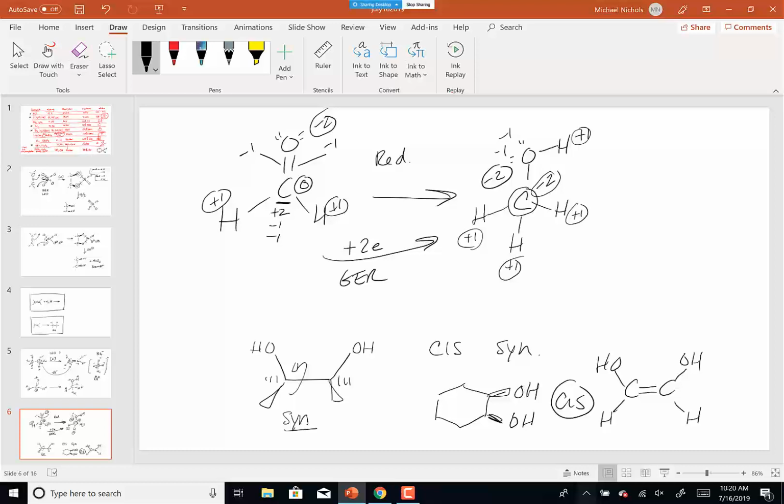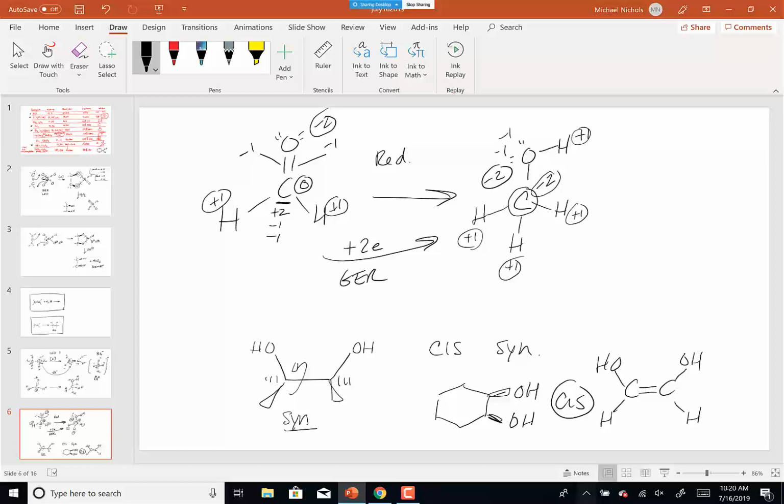Of course, I can also make a conformation if I rotate around it where they're opposite each other as well, which would be anti. So syn and anti are kind of the acyclic equivalents of cis and trans. So when they're calling it cis hydroxylation, they're actually using the broadest term because they're saying you could do this reaction without a ring or with a ring.